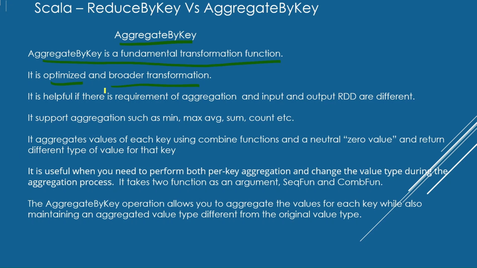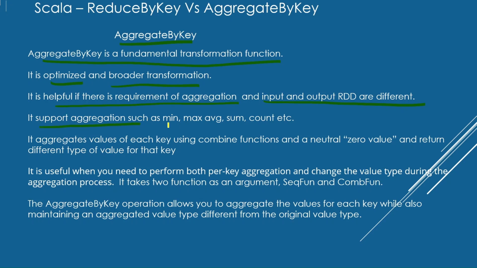It is helpful if there is a requirement of aggregation and the input and output are different. Most of the time we need to do a certain kind of aggregation, but the output of the aggregation is different from the input, meaning the type of RDD on which we are calling the aggregate function may differ from the output.